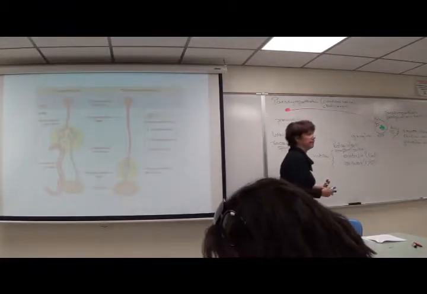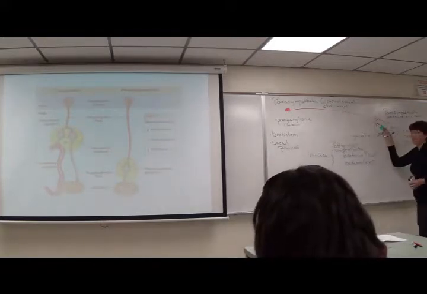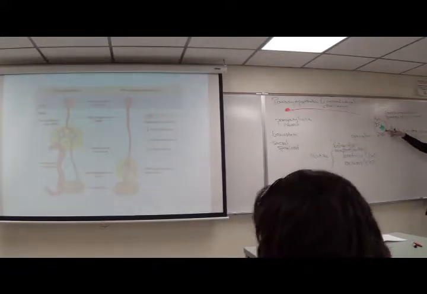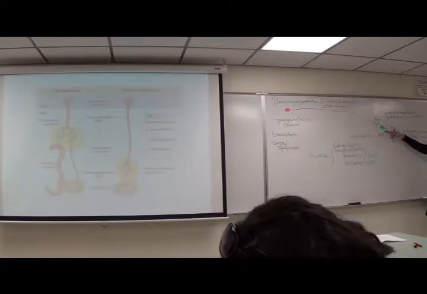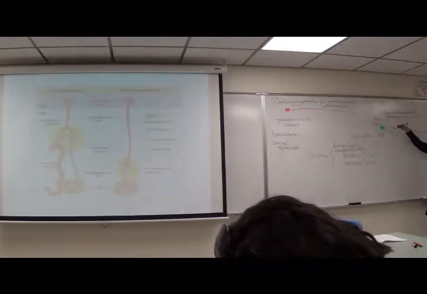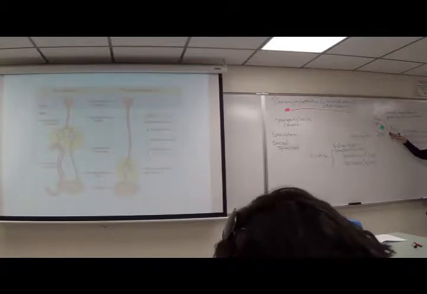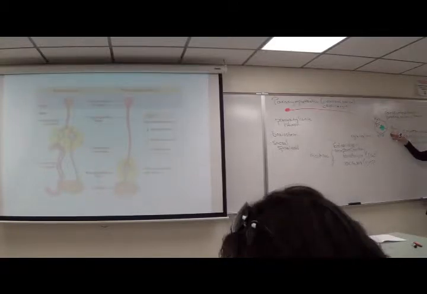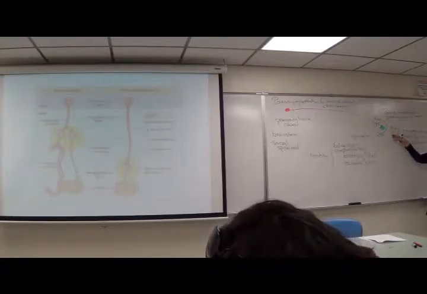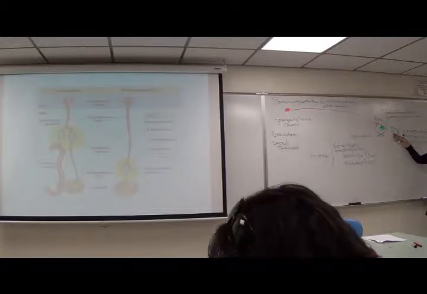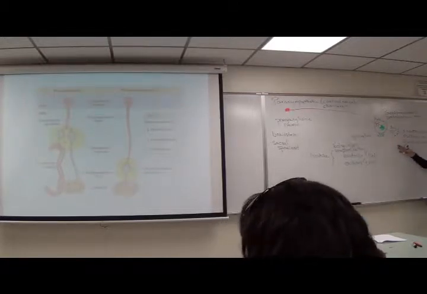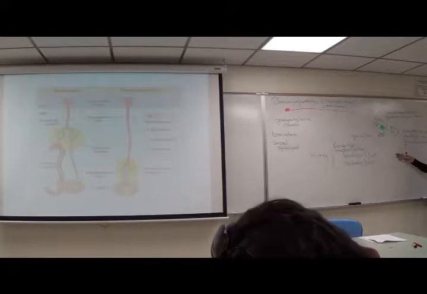So this results in excitatory postsynaptic potentials in our postganglionic neuron. And if those reach threshold, then we set an action potential down the postganglionic neuron, and that causes it to also release acetylcholine, which binds to receptors on the effector organ.